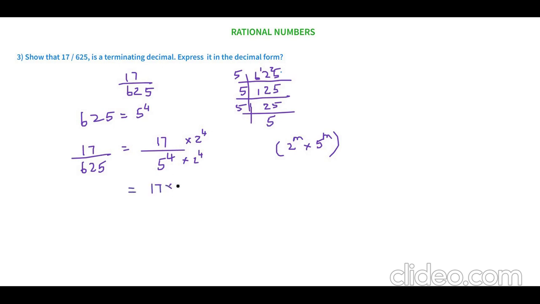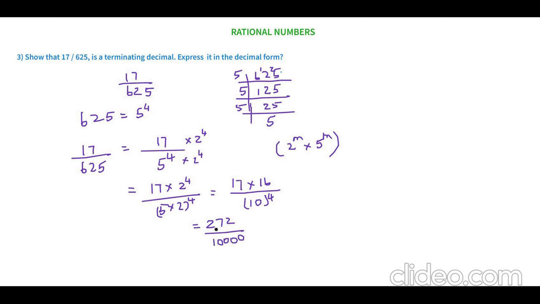It is 17 times 2 to the power of 4 by 5 times 2 the whole power 4. Here 17 times 2 to the power 4 can be written as 17 times 16 by 5 times 2 is 10, 10 to the power of 4. So 10 to the power of 4 is 10,000 and 17 times 16 is 272. So we get 272 divided by 10,000.